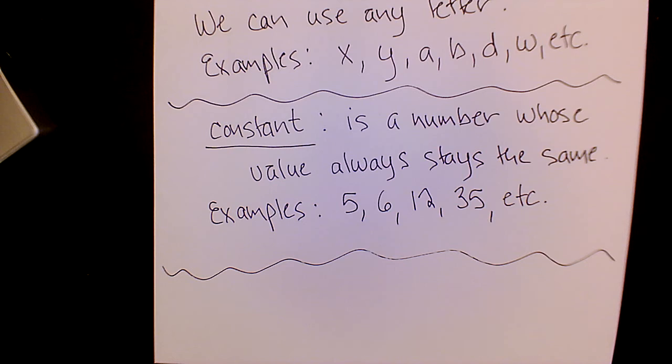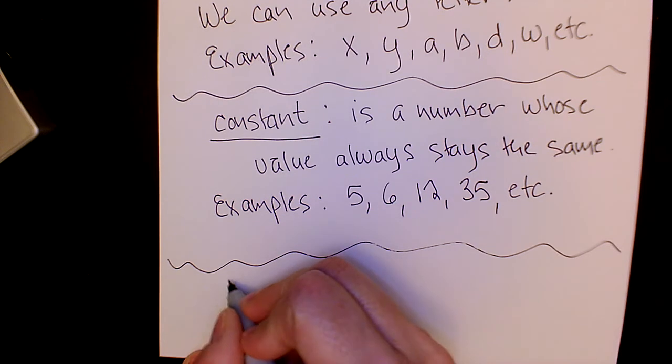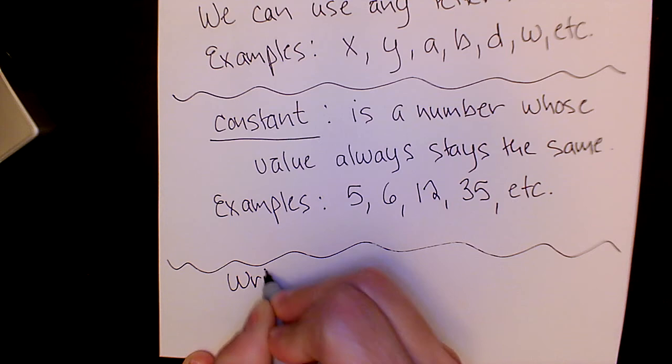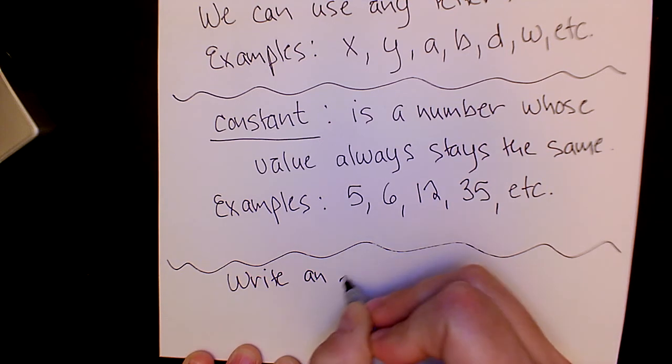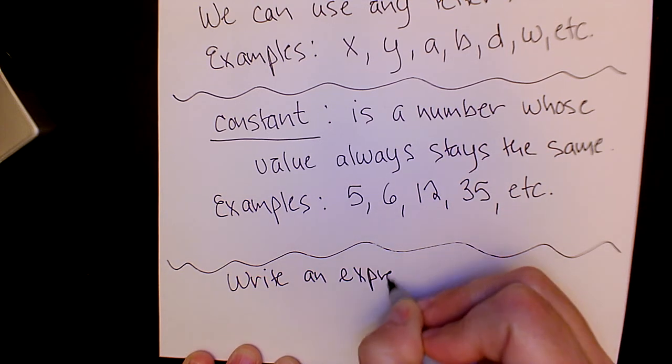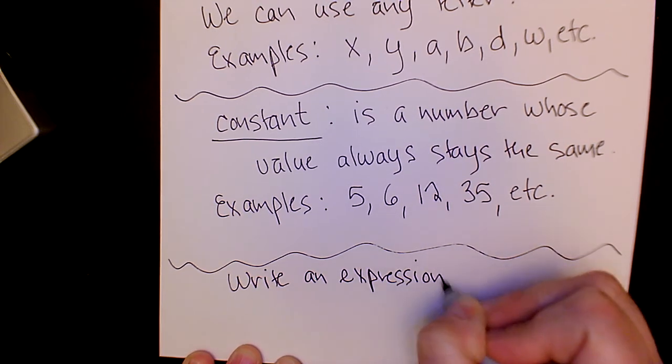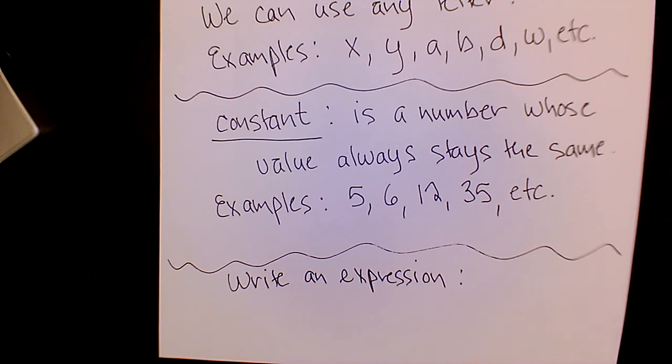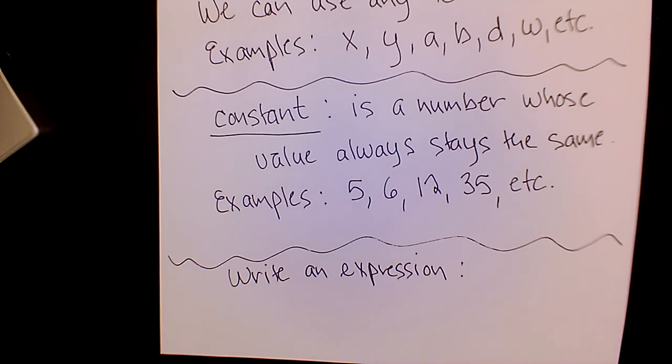We can put them together and write an expression. So an expression combines variables, constants, and operations. And by operations, I mean adding, subtracting, multiplying, dividing.